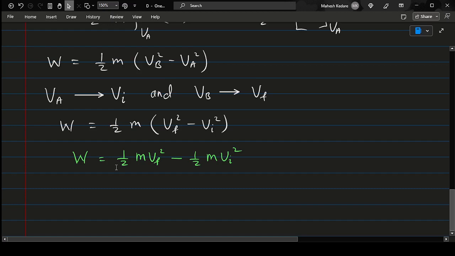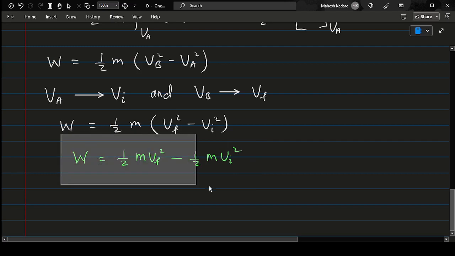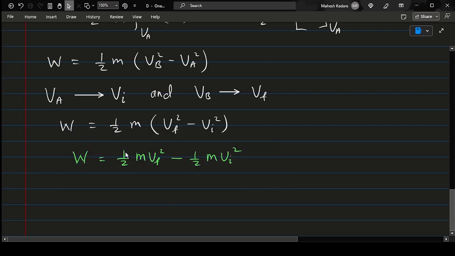So whenever work happens, there is a transfer of energy, from doer to an object upon which the work is done. And here we see that the work done is equal to change in this quantity, half m Vf square and half m Vi square. This is a significant quantity. We can interpret this equation as change in the quantity defined as half mass times velocity square. We define a quantity, we denote it by K, as half m Vf square.